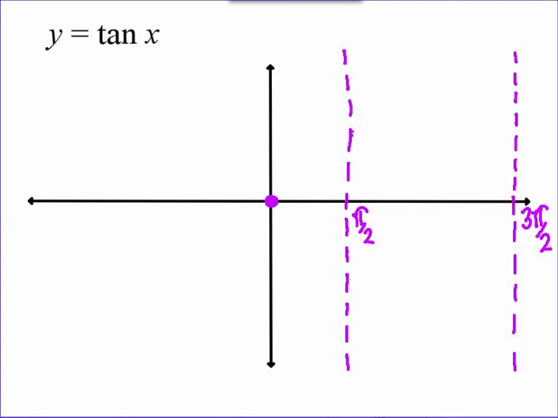And so now I need to figure out what the graph is doing between there. Let's just pick some values. What would be a value between 0 and pi over 2? Let's try 45, so pi over 4. What's the tangent at 45?